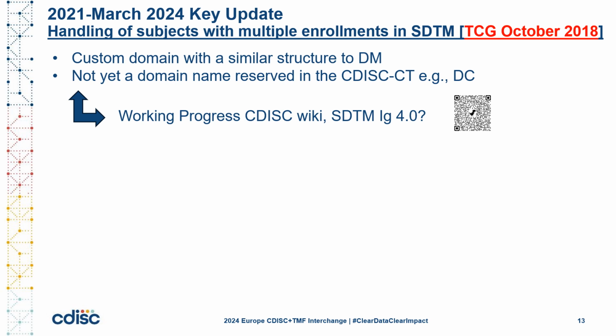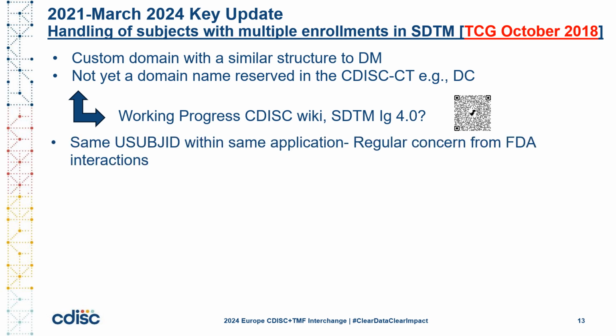So we don't have a CDISC standard for that yet, although many have adopted the use of the so-called DMX collected domain, and its implementation is also described in the CDISC wiki. Very likely it will be made available with the next release of implementation guidance for SDTM, the implementation guidance version 4.